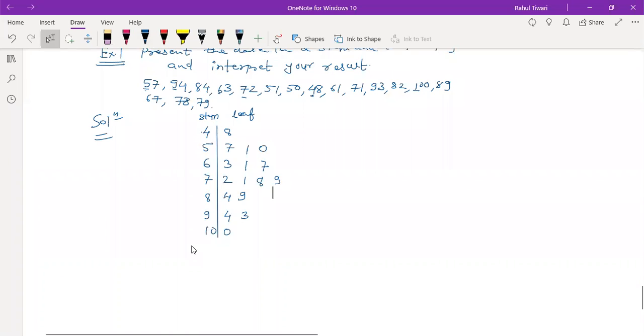So this is called an unordered stem and leaf diagram.